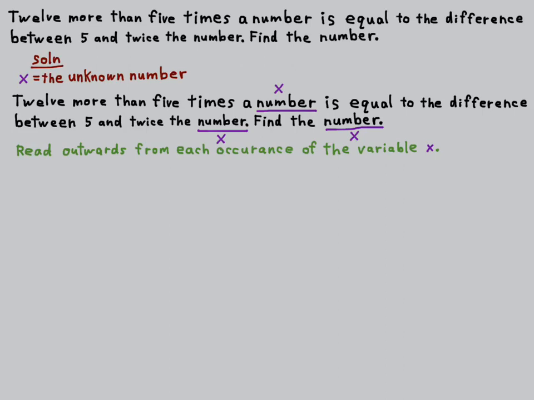Right? Stop right there. So what about the number? What do you want to do to the number? You want 5 times the number. See? You read out from where the variable is. 5 times the number. It's 5x, obviously, right? So I would write down 5x.